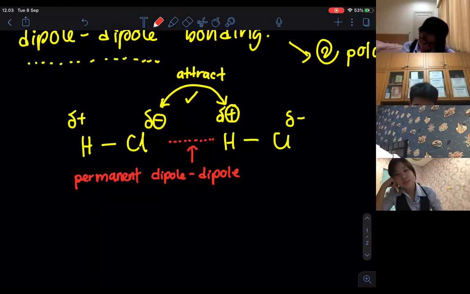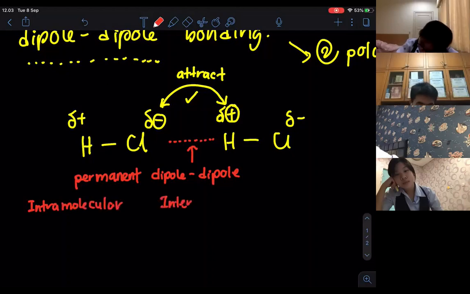Okay, so whenever we try to heat up HCl, when we try to supply heat, do remember, if you want to compare intramolecular bonding with intermolecular bonding, always remember your intermolecular bonding is considered to be weak compared to intramolecular bonding.